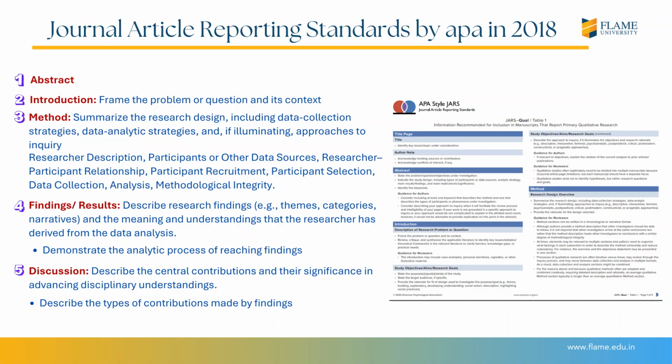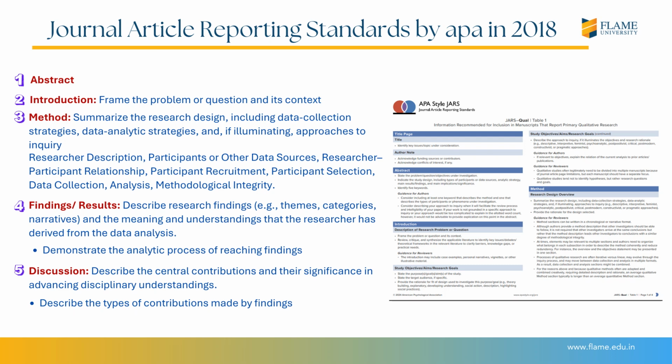And in the discussion section, describe the central contributions and their significance in advancing disciplinary understandings. Describe the types of contributions made by findings and identify similarities and differences from prior theories and research findings. Identify the study's strengths and limitations. Consider the implications for future research, policy, or practice.